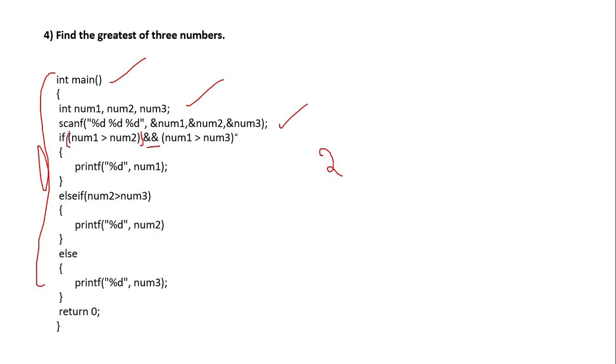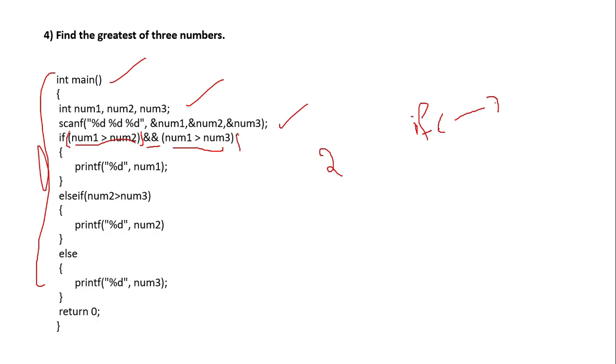Okay, and here, see, you need to write the condition for if in parentheses. Here you need to write some condition and you need to close that bracket. So you wrote num1 is greater than num2, logical AND, num1 is greater than num3, but you are not following the braces.